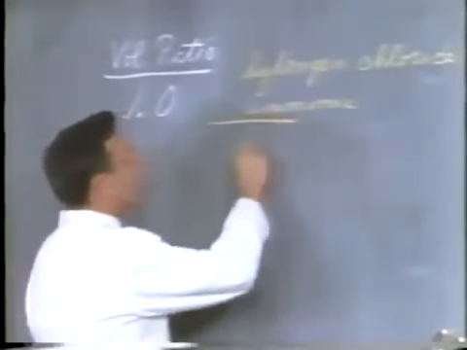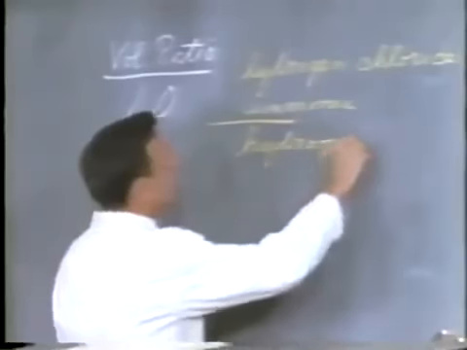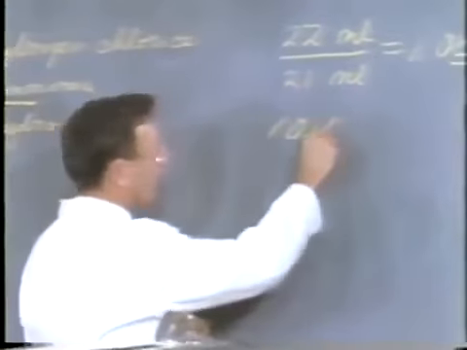Let's record the data. Hydrogen, the scale reading was 10.1. We'll add an equal volume of oxygen. The scale reading is 20.1.